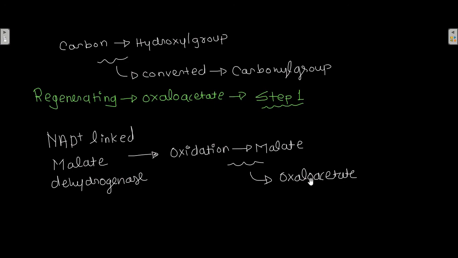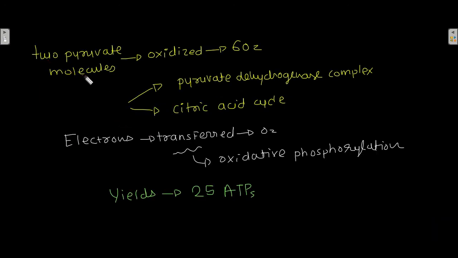Now when 2 pyruvate molecules are oxidized into 6 carbon dioxide molecules, okay, here it should be 6 CO2, via the pyruvate dehydrogenase complex and citric acid cycle, and then there is transfer of electrons to oxygen via oxidative phosphorylation, this yields 25 ATPs.